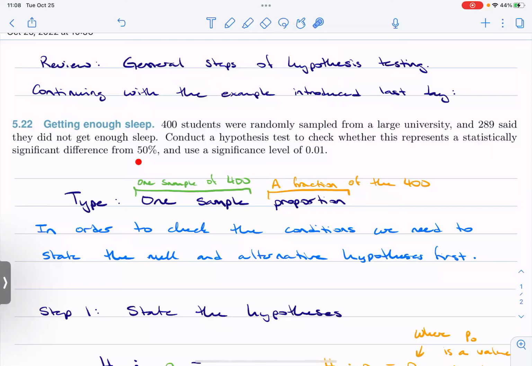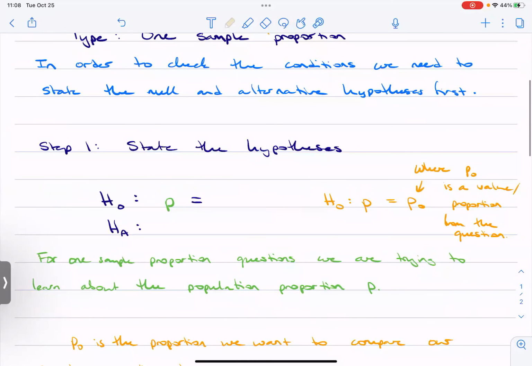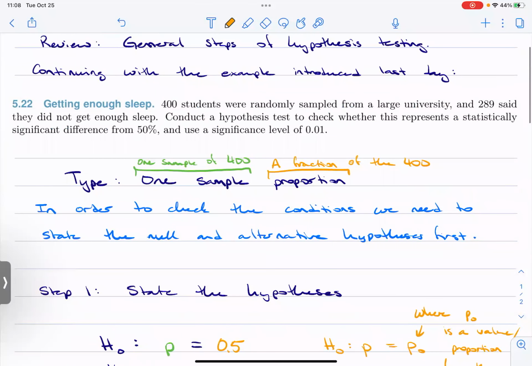So if we want to know if 289 out of 400 is significantly different from 0.5, that makes this 0.5 or 50% our P naught, right? The value that I want to compare my sample proportion to. So that makes this 0.5 in this question. Okay. So here, this is my P naught equals 0.5.